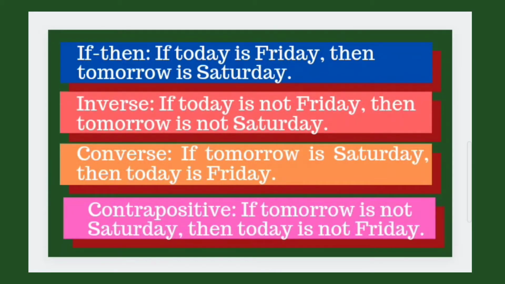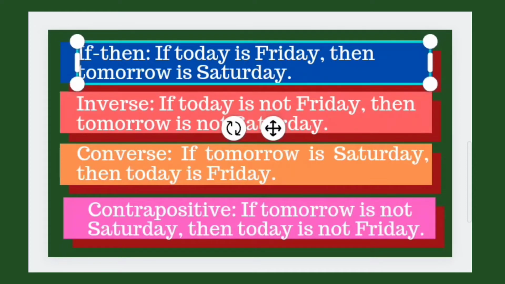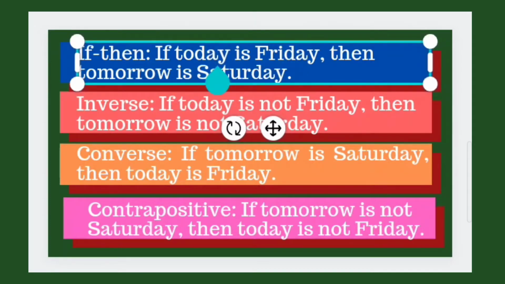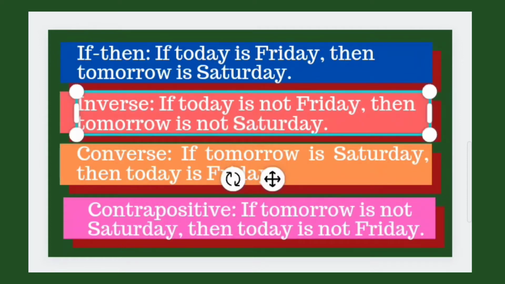Now let us consider this conditional statement. If today is Friday, then tomorrow is Saturday. So observe the hypothesis and conclusion. Both the hypothesis and conclusion are in positive form. So to take the inverse, we are going to give the opposite.